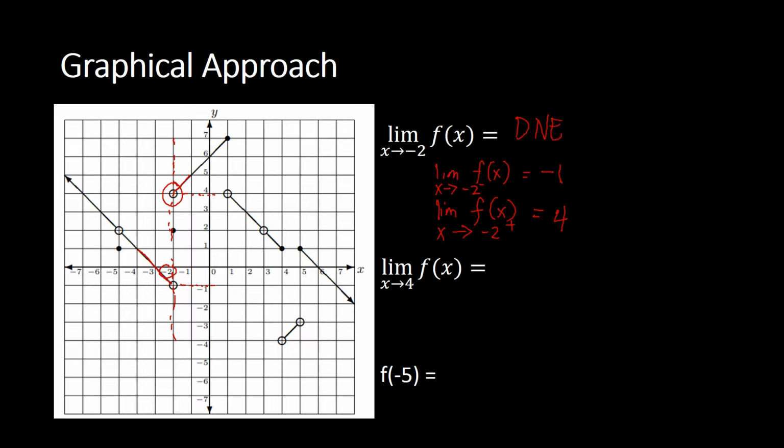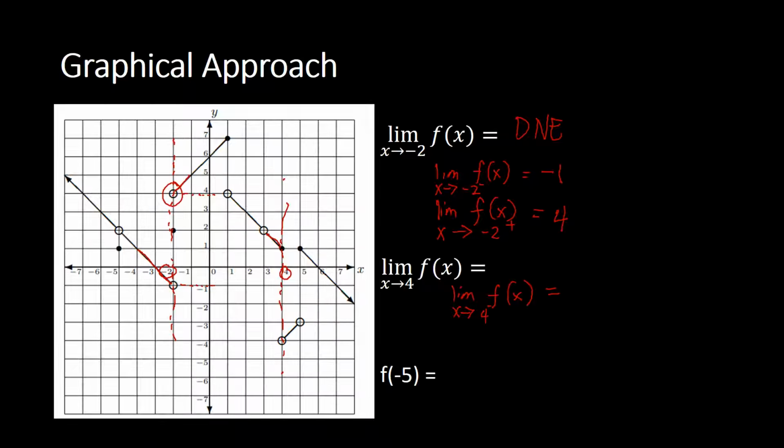Next one, we have the limit of f of x as x approaches 4. This is our 4, and these are the parts of the graph that are involved. So here, we've got the limit of our f of x checking on the left side as x approaches 4 coming from the left side. This is equal to left side of 4 is this one here.